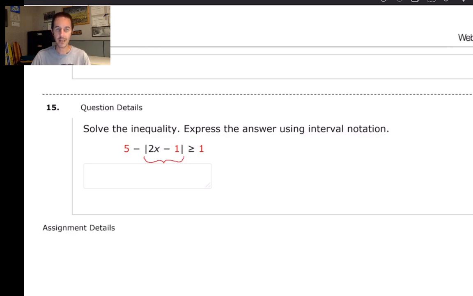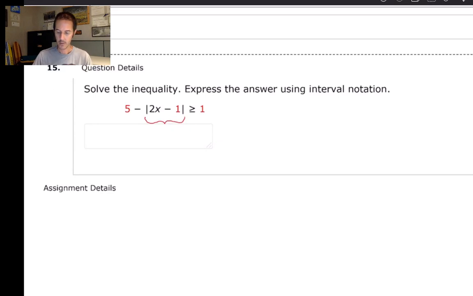Once you have isolated the absolute value, then you'll make a determination as to whether you're going to set it up as a compound inequality or if you're going to go the other way and set it up as two inequalities separated by the word or. Those are your two different options for solving an absolute value inequality.